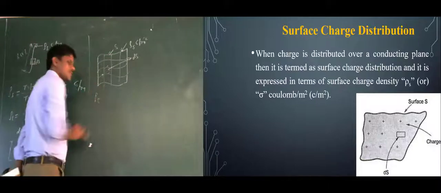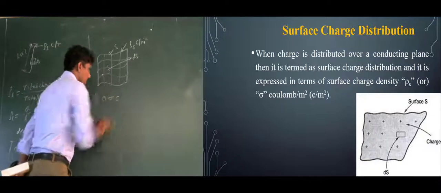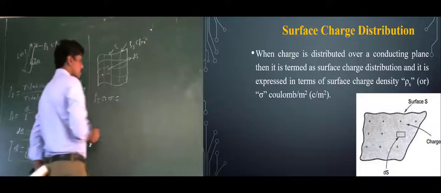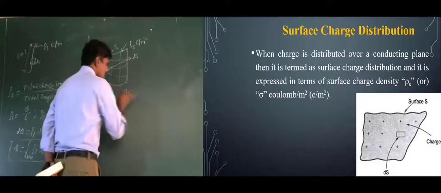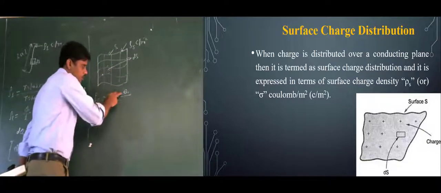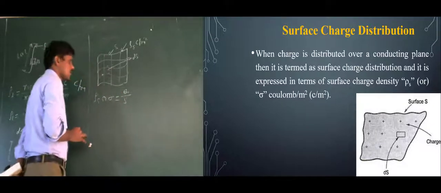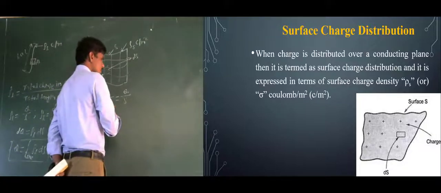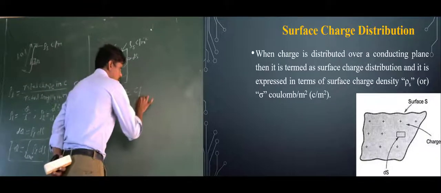Symbolically, the surface charge density is denoted by rho suffix S. Mathematically, the surface charge density is defined as rho S equal to total charge in coulombs divided by total area in square meters, that is, rho S is equal to Q by S. And for the dimensions of surface charge density, charge is measured in coulombs and area is measured in square meters.